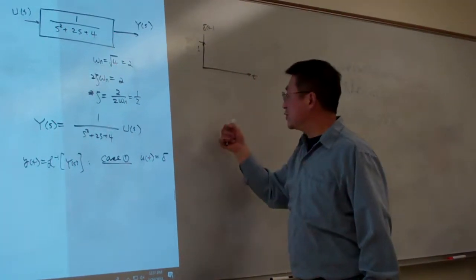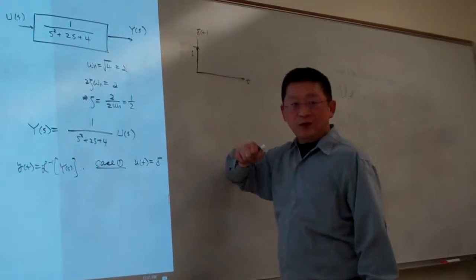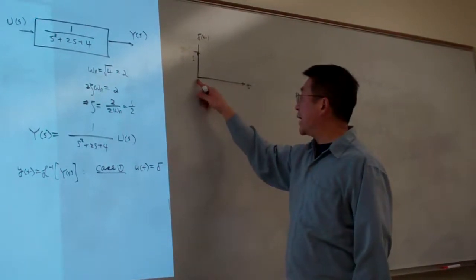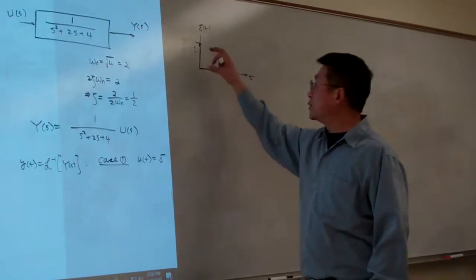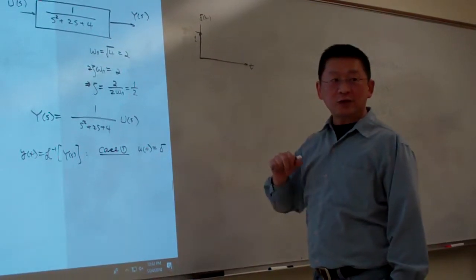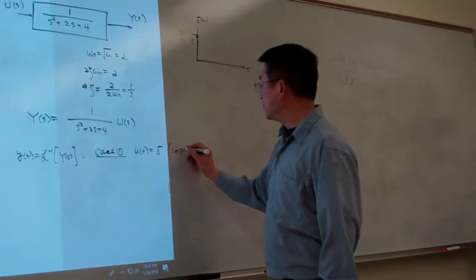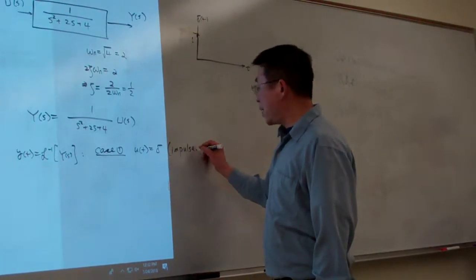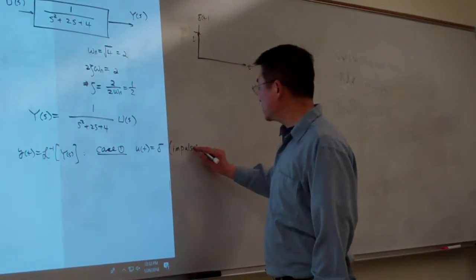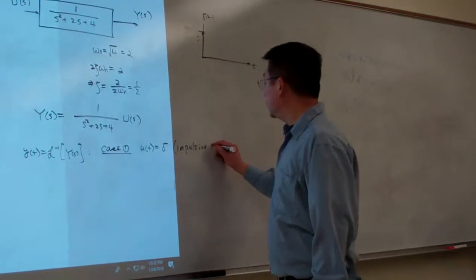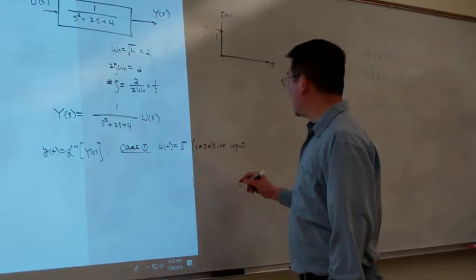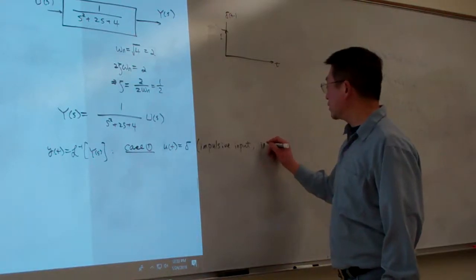That means this is just like this: I give the impulse, and the impulse happens in no time with a magnitude equal to 1. That's called the impulse. This is what we call the impulsive input, or briefly, we just simply call it the impulse.